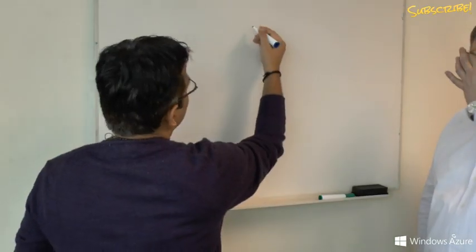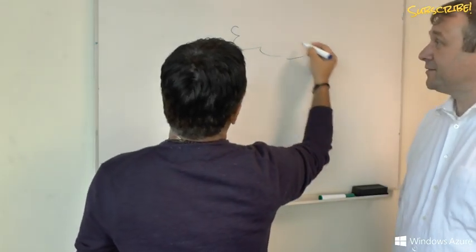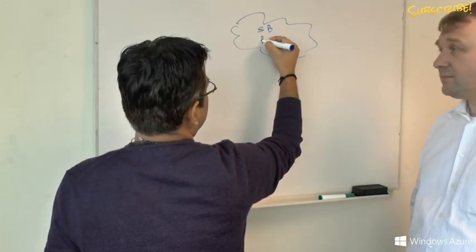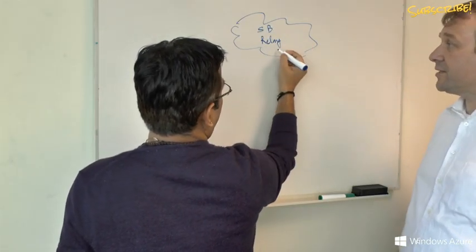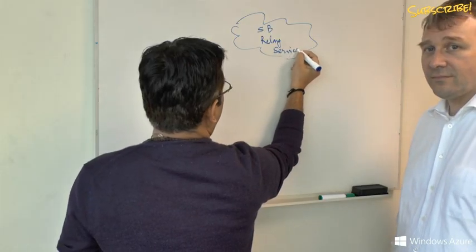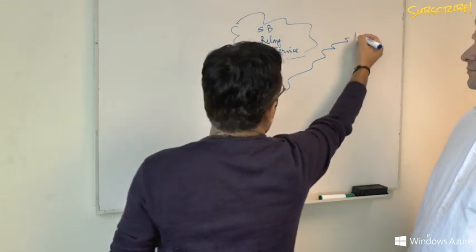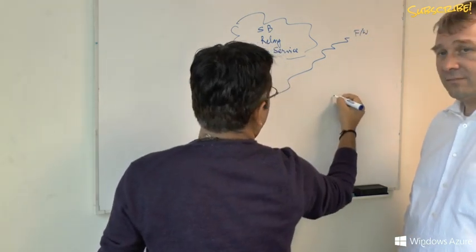So the issue here is that the Service Bus relay service sits in the cloud. And behind the on-prem firewall, you have a listener service.